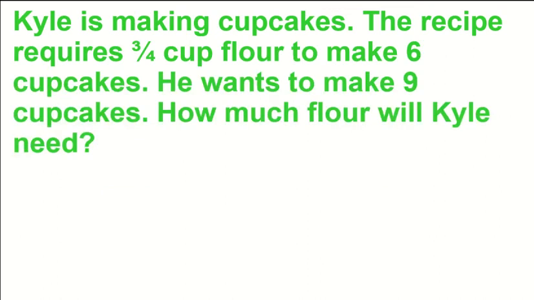So if we go back, we've got Kyle making cupcakes. The recipe requires 3/4 a cup of flour to make 6 cupcakes. He wants to make 9 cupcakes. How much flour will Kyle need? When we set up a proportion, and every problem today needs to have a proportion set up, we're just filling in our numbers.